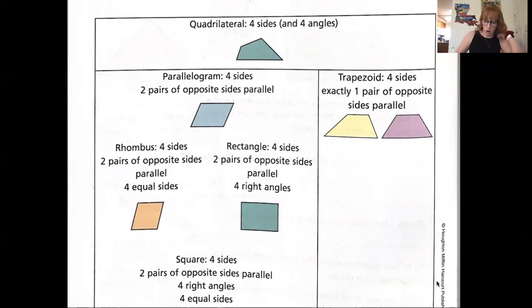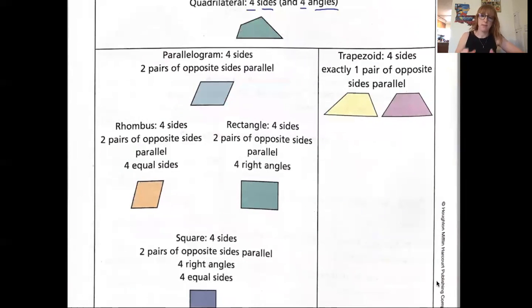All of these shapes on this page are quadrilaterals. They all have four sides, okay? And it tells you four sides. Because they have four sides, they have four angles. They go together. But then we have different, smaller, more specific classifications of quadrilaterals. So within quadrilaterals, we have parallelograms and trapezoids.